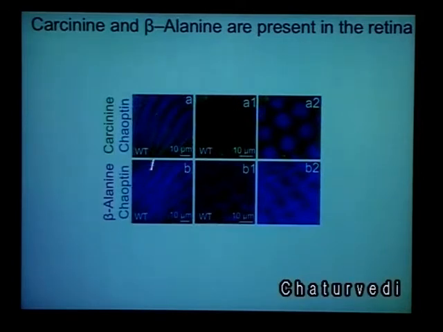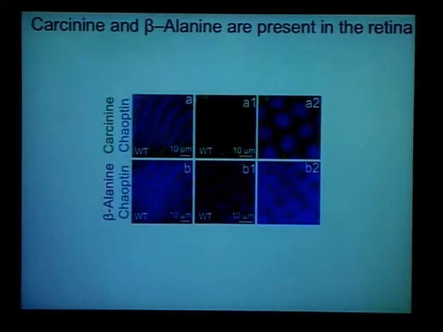This is a cross section of the retina, and this is the lateral view of the retina, co-stained with chaoptin, which is a marker for the rhabdomeres. You can see here there is a lot of staining for carcinin and beta-alanine, which suggests that these metabolites of the histamine recycling pathway are actually present in the retina.